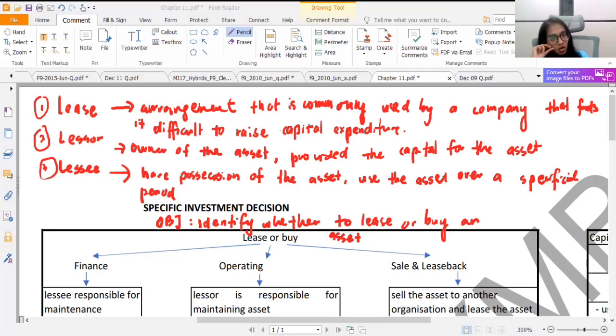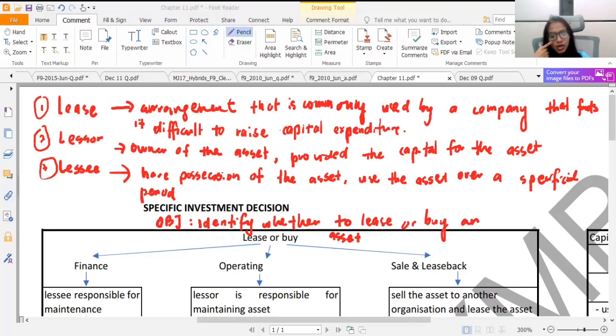So normally assets that are leased are aircraft, planes, buildings, cars. Last time in the institution where I used to work, all the laptops that we were using were actually leased. We did not purchase them. I mean, our company did not purchase them for us. They were leased out to us.